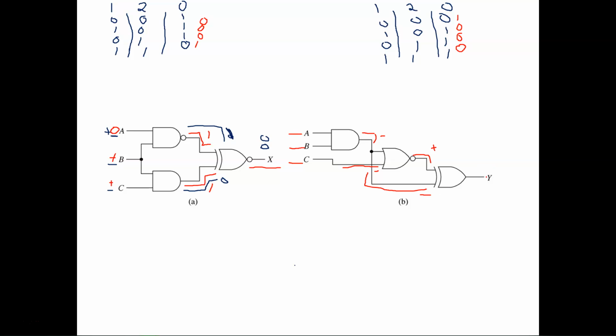Will that allow flow? Or will that allow my signal out? Might be a better way to say that. And the answer to that is yes, it will allow flow out.